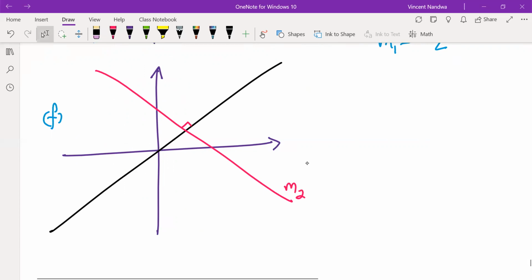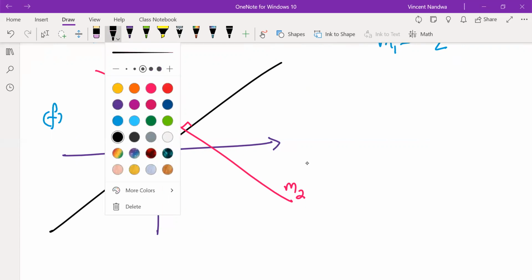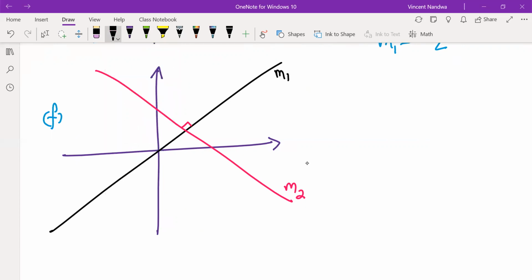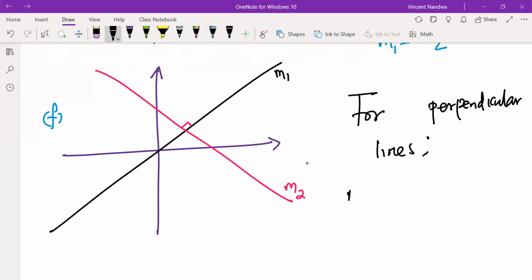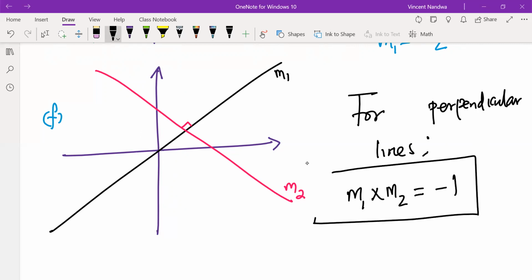Slope of this one is m2, slope of this one is m1. For perpendicular lines, m1 times m2 is -1; the product of the gradients of the two lines will always give you -1.